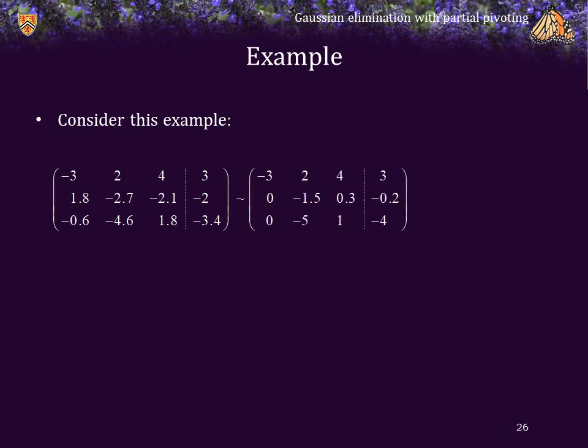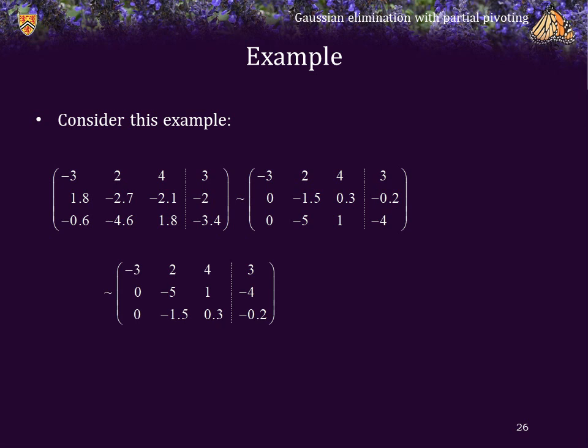Thus, the first matrix is row equivalent to the second matrix. We proceed to the second column. There are 2 leading non-zero entries, and the largest in absolute value is -5, which is in row 3. Therefore, we swap rows 2 and 3, placing the largest entry at index 2, 2.